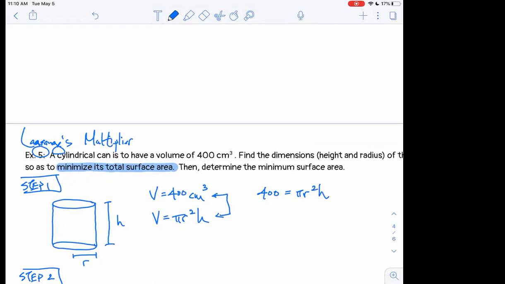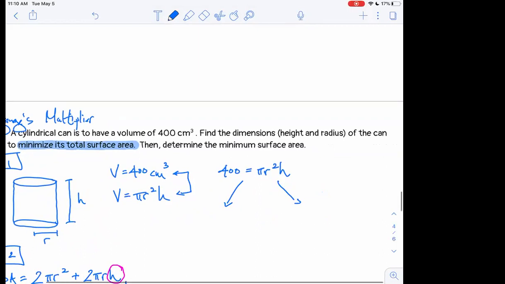Now from here, I have 2 options. I can get the h by itself, or I can get the r by itself. So let's see. If I want to get h by itself, I'm just going to take the 400 and divide away my pi r squared. Boom, done. Okay, one step, isolated.